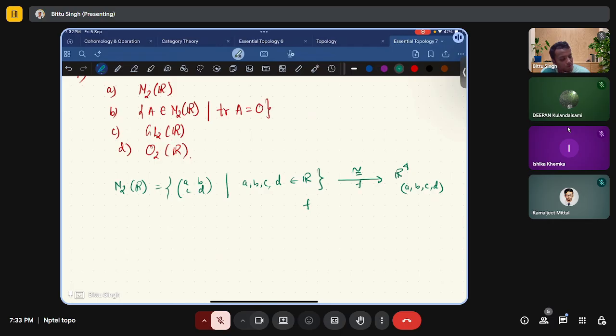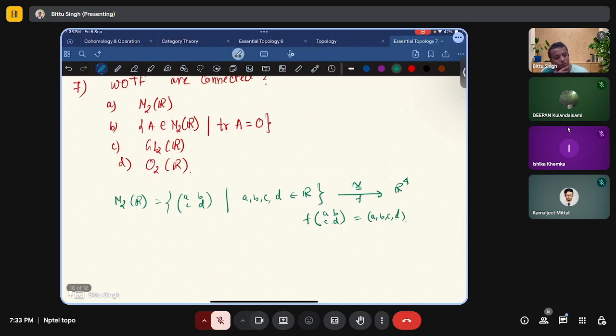Define this homeomorphism f. So this is continuous. On M2(R), you can define a metric d between two matrices A and B. Suppose A is this matrix, and B is another matrix with entries a', b', c', d'.